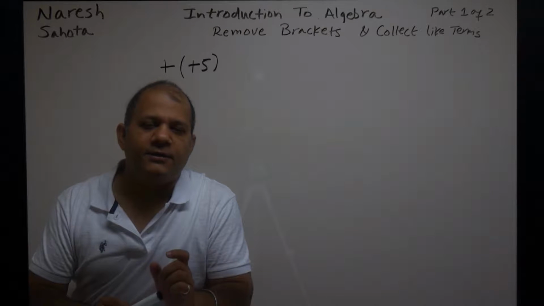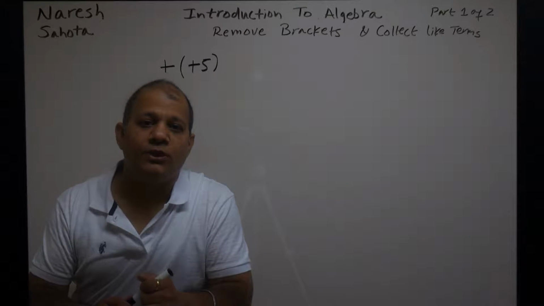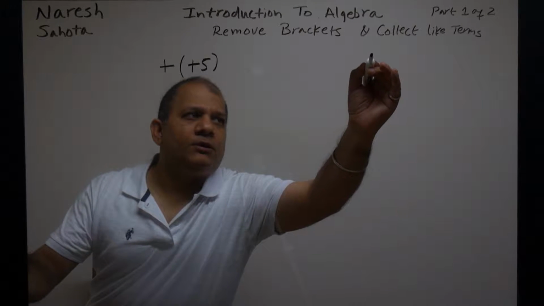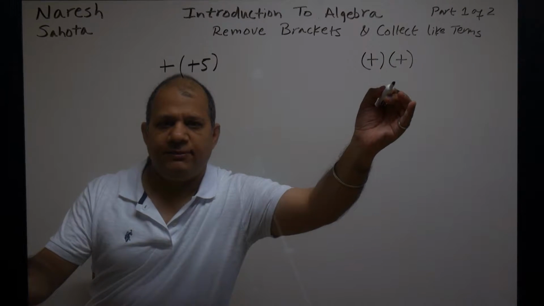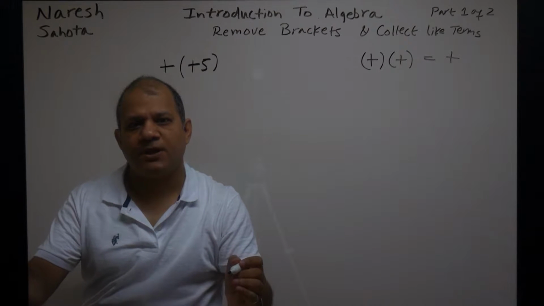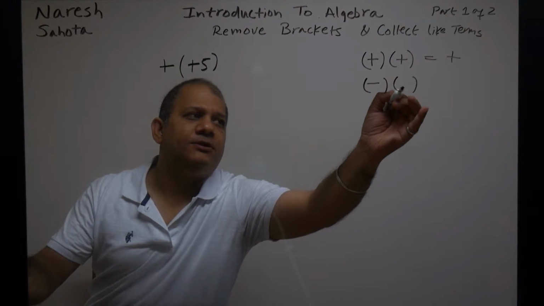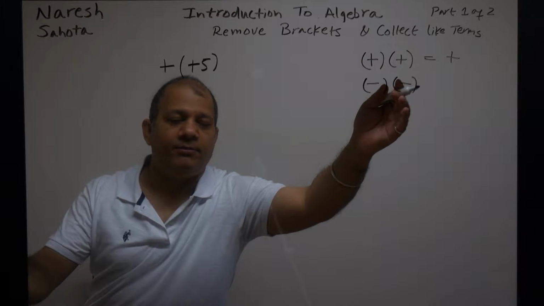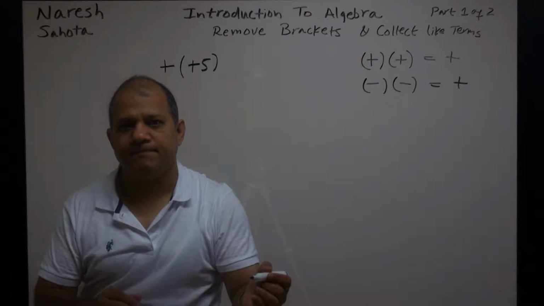Before we get there, there are four rules that you need to know when we multiply two numbers. If we are multiplying a positive number by a positive number, the result is positive. If we multiply a negative number by a negative number, the result is also positive.